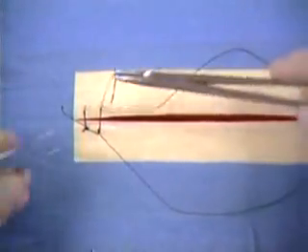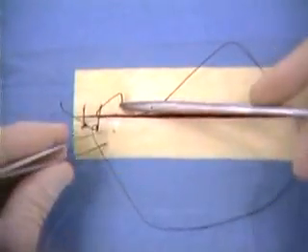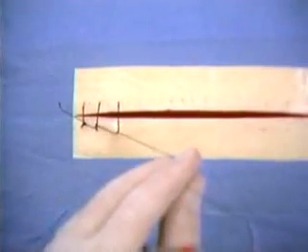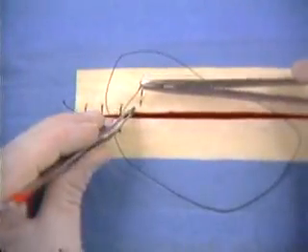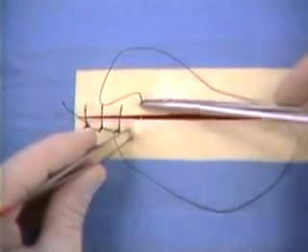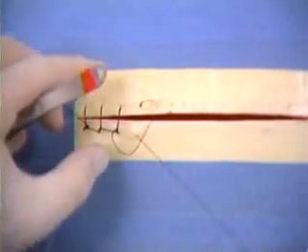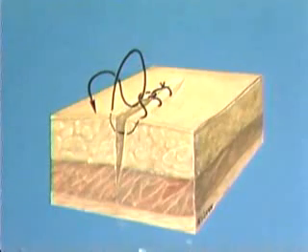The needle is advanced, a loop is formed, and the needle is passed perpendicularly through the tissues in the same direction. After the needle is passed from the tissues, it is drawn through the preformed loop and tightened. The pattern is repeated for the length of the incision. This illustration shows a completed Ford interlocking suture.